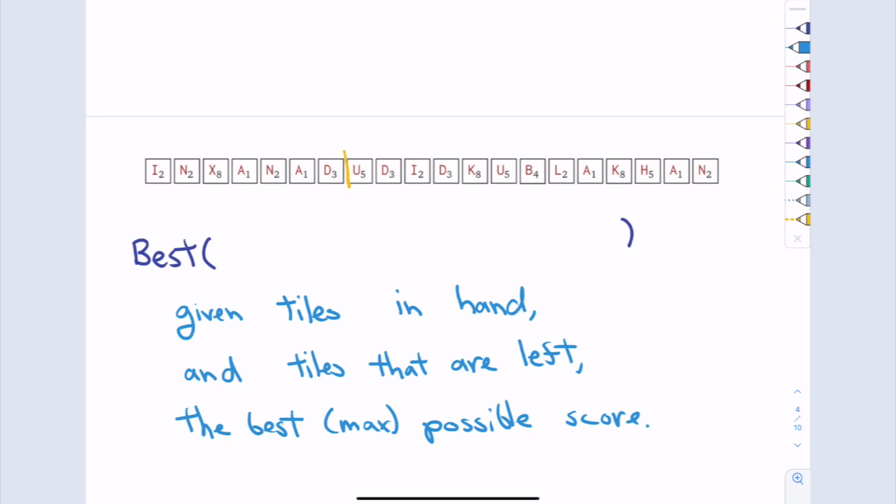We sort of described the state. We haven't been too precise yet, but that's all the information out there: the tiles you have in your hand, and the tiles that are left. We've also identified the goal, the maximum score possible. That describes the state and our goals. By this point, you've already broken down the problem quite a bit.